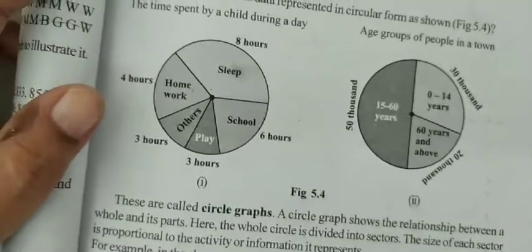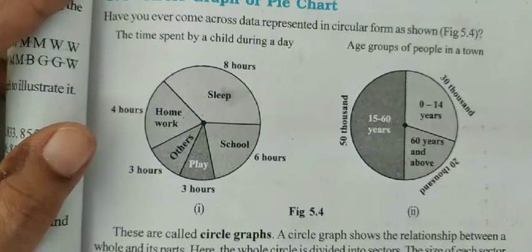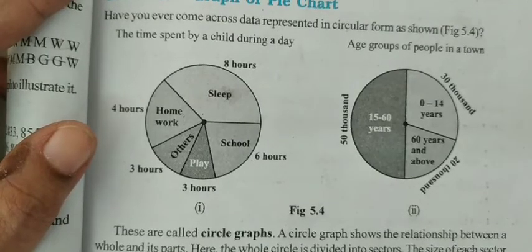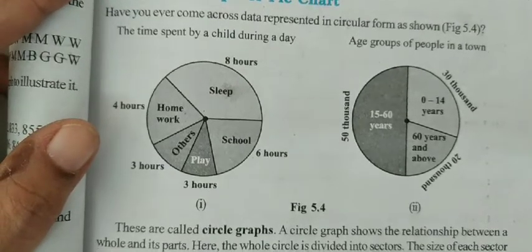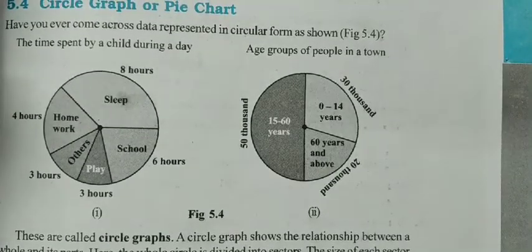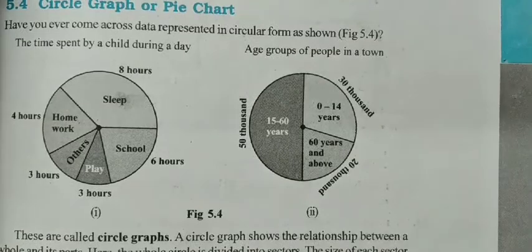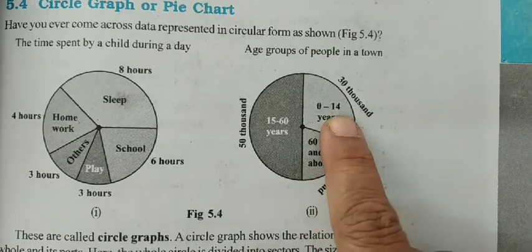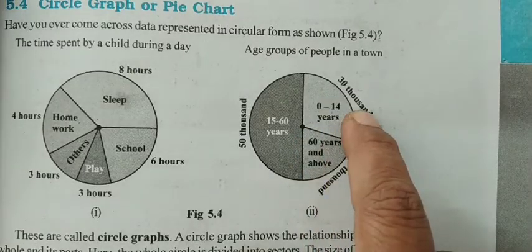But instead of these hours given to you, if some other detail is given, then how will you calculate? Look here, you see the age groups of people in a town is given to you, and that is represented in the pie chart form. You see 0 to 14 years, 30,000 people in that town.